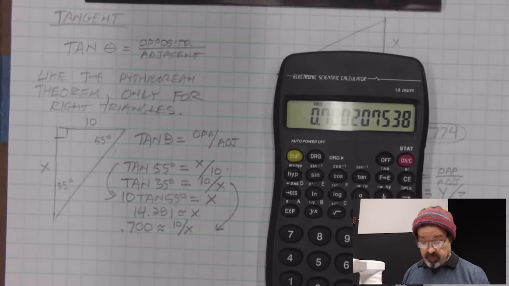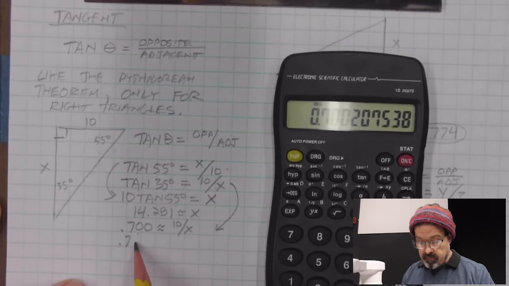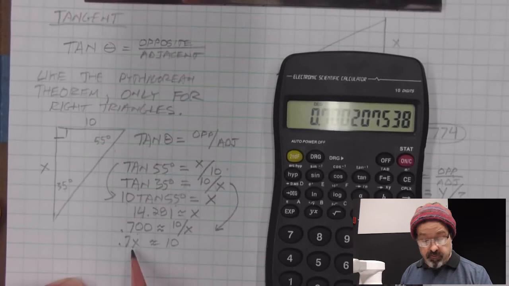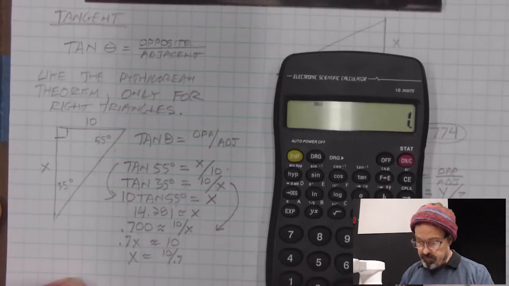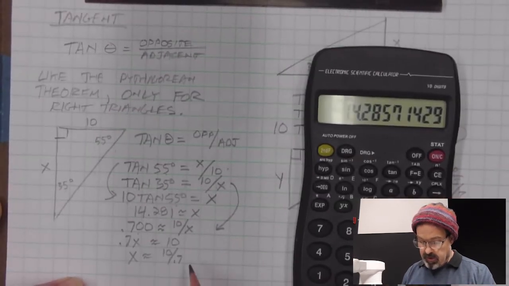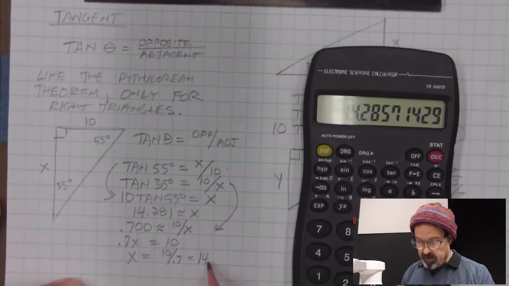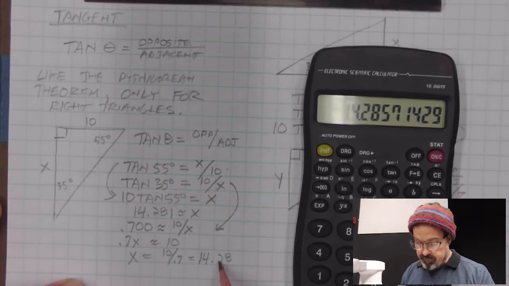Still need to find x by itself. To do that, I'm going to multiply both sides by x. And then to get x by itself, I'm going to divide both sides by 0.7. So x will be approximately equal to 10 divided by 0.7. We'll go to a calculator. And I get approximately 14.286.